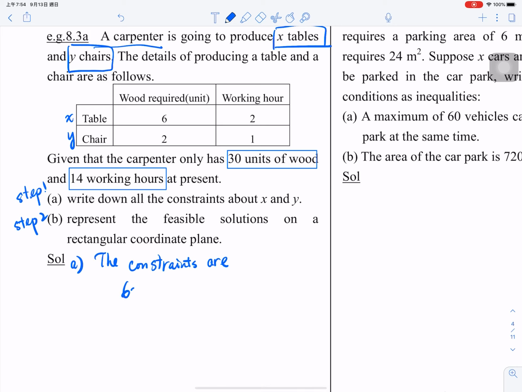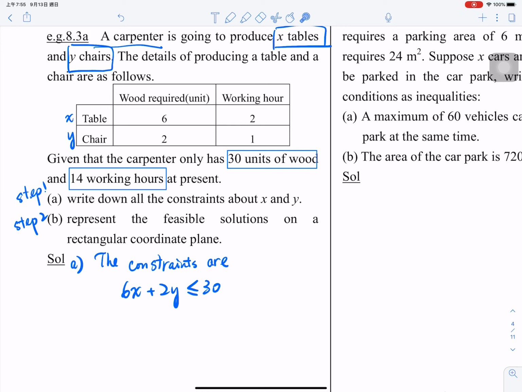Yes, 6X wood to produce X tables, and 2Y of the wood to produce Y chairs. And we only have 30 wood, so not greater than, that means smaller than or equal to 30. Can we use up all 30? Yes, so including the equal sign. This is the first inequality.